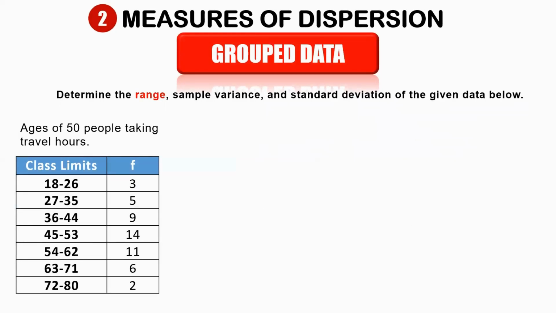So now let us take a look at the grouped data. We are going to determine the range, the sample variance, and the standard deviation of the given data below. So how are we going to get the range of our grouped data? For us to get the range, that is the upper boundary minus the lower boundary.